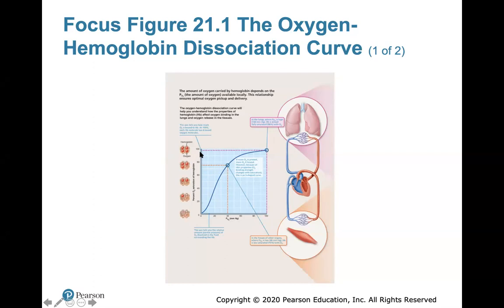So for example, at 100%, each hemoglobin molecule has 4 bound oxygen molecules. In the lungs, where the partial pressure of oxygen is high, hemoglobin is almost always fully saturated with oxygen. This circle point, in the tissues at other organs, the partial pressure of oxygen is low, and hemoglobin is less saturated.